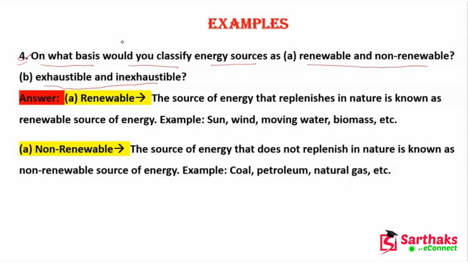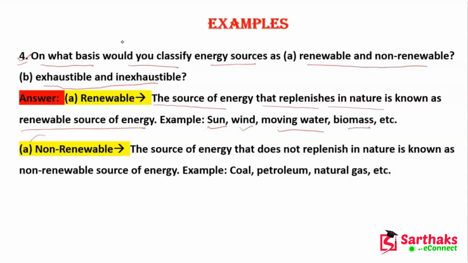Renewable sources: the source of energy that replenishes in nature is known as a renewable source of energy. For example, sun, wind, moving water, biomass. So basically these are unlimited sources. You can renew them. So that's why these are renewable sources.